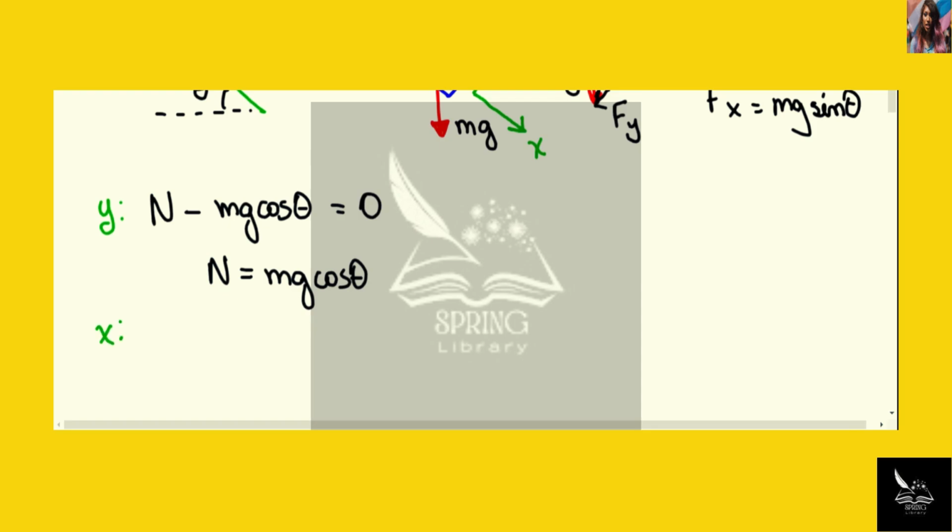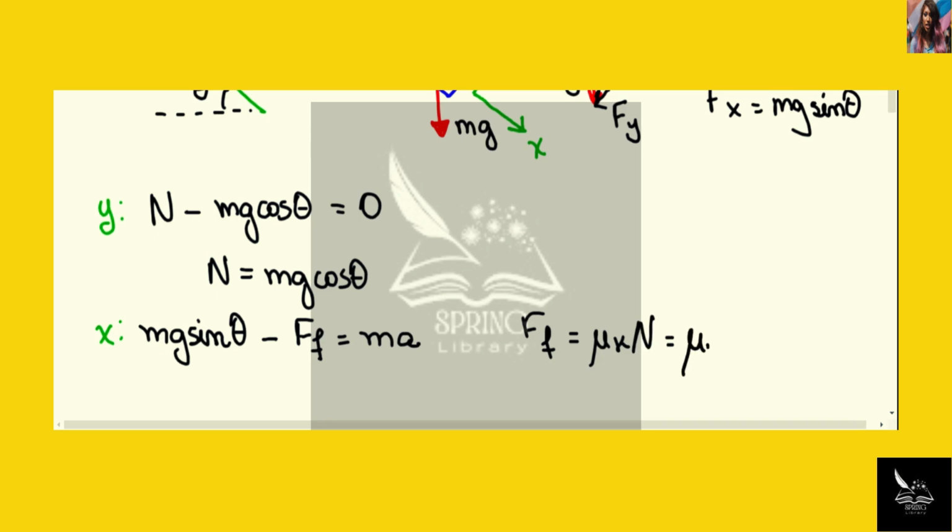In the x-axis, we have mg sine theta, the fx force pointing along the x direction, minus the friction force. And this is equal to the mass of the block times the acceleration. Now remember that the friction force, Ff, is equal to the coefficient of kinetic friction, mu k, times the normal force.